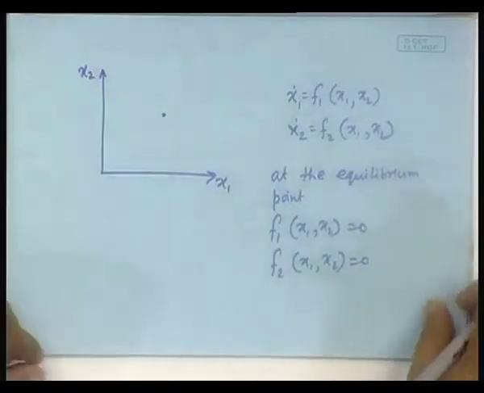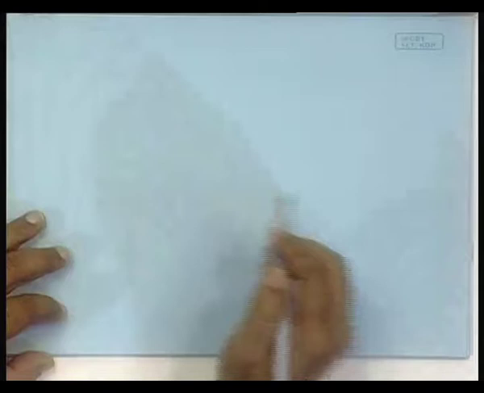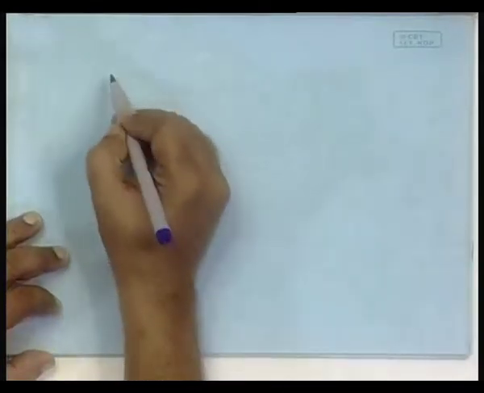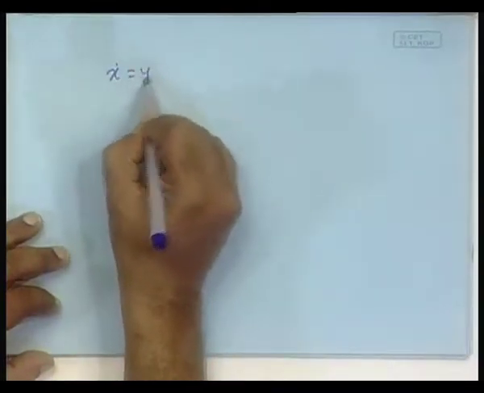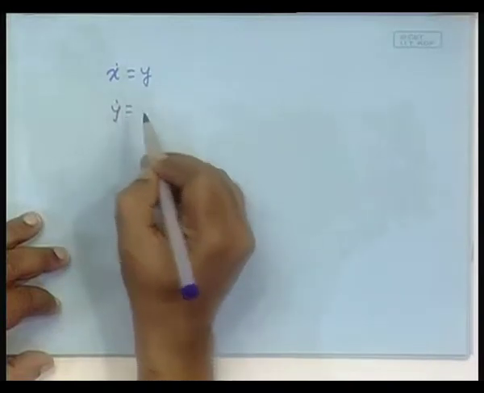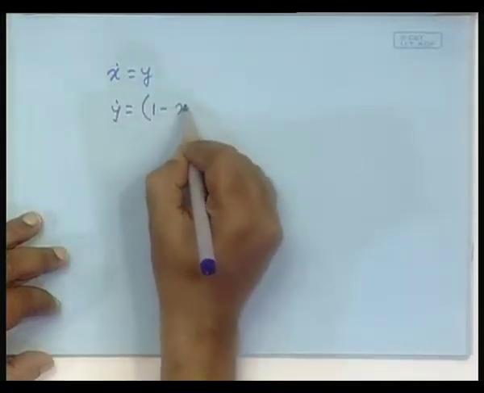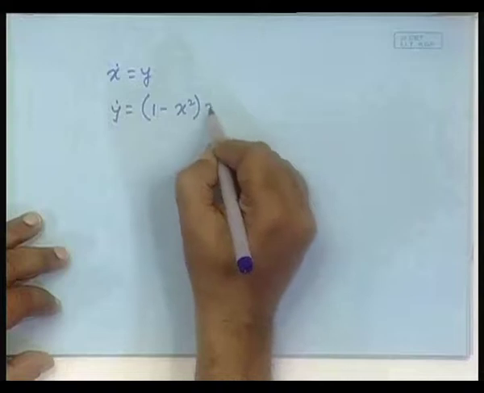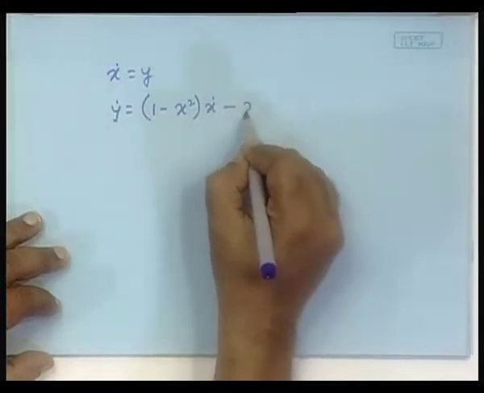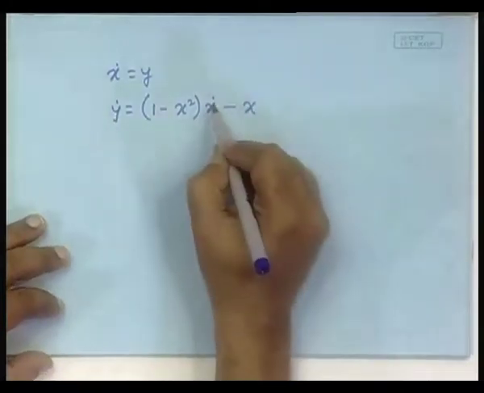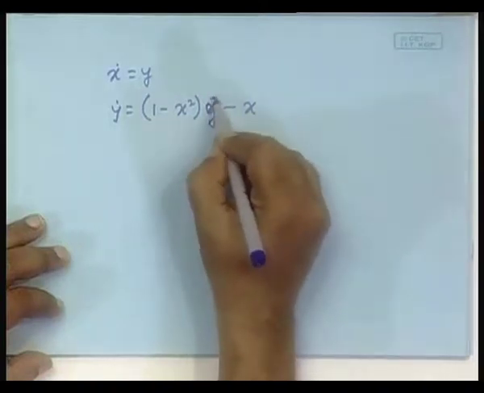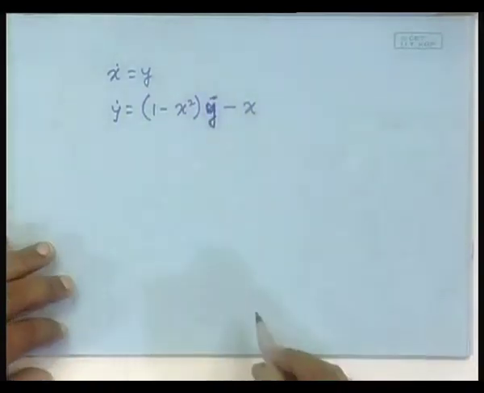So, let us just do an exercise to practice this, how to locate the equilibrium point. Suppose there is a system x dot is equal to y and y dot is equal to (1 minus x square) y minus x.